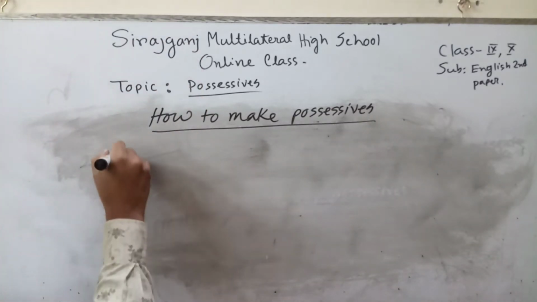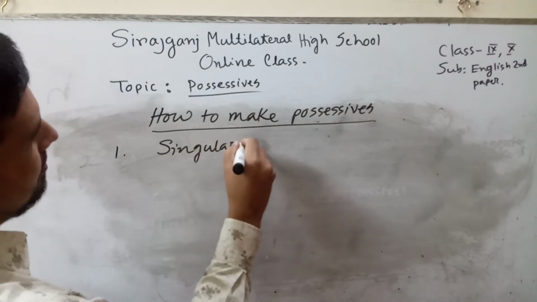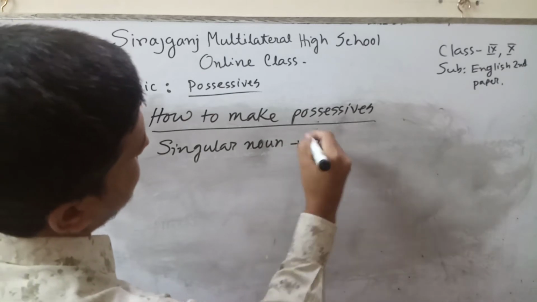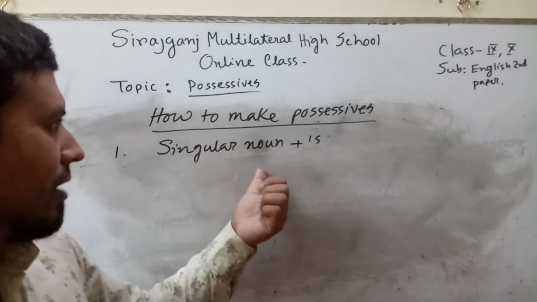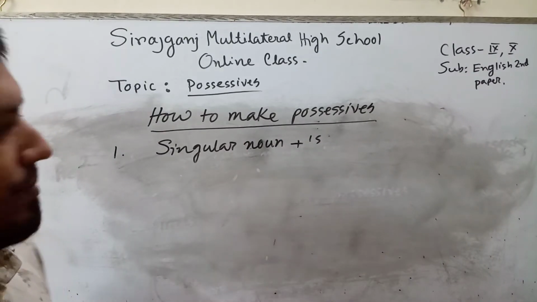Number 1, singular noun plus apostrophe s. In this way, we can make possessive.